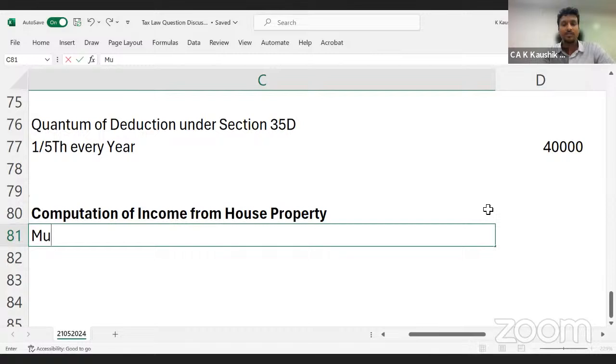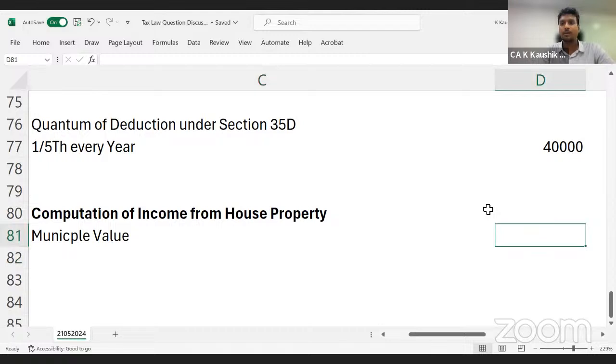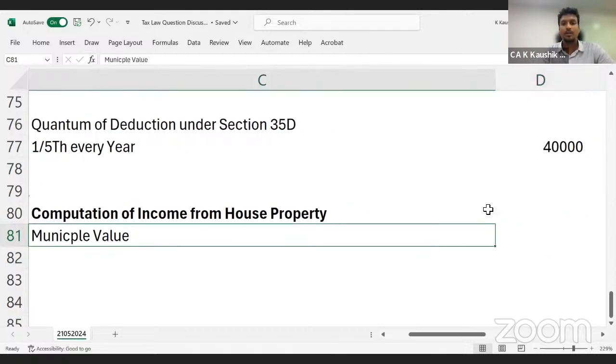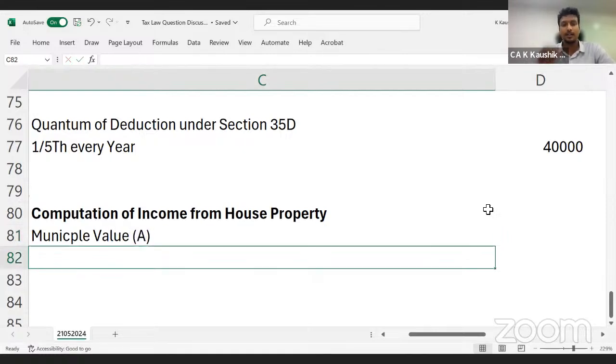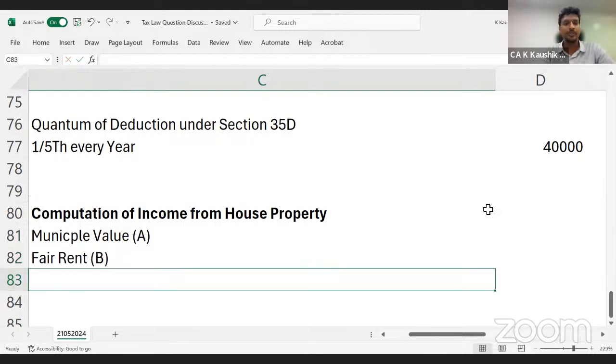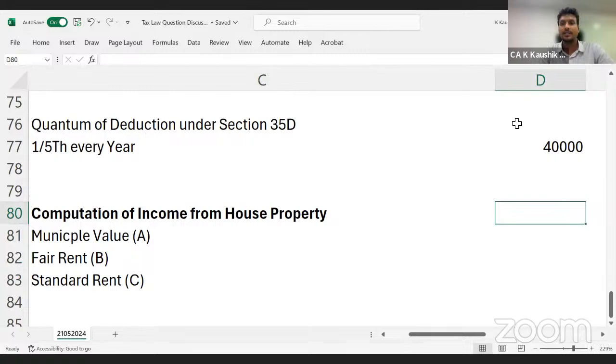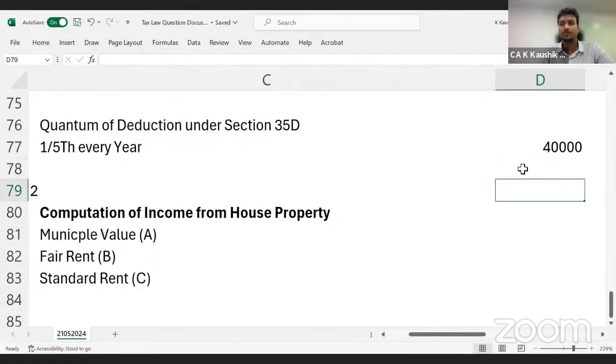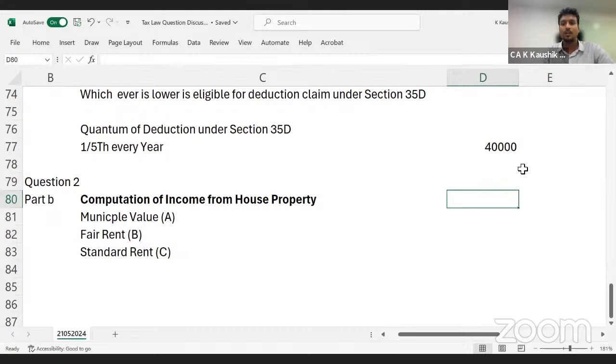How do we take municipal value? Let me put this municipal value as A and fair rent as B and then standard rent as C. Here let's keep house A and house B. So this is house 1 and this is house 2.